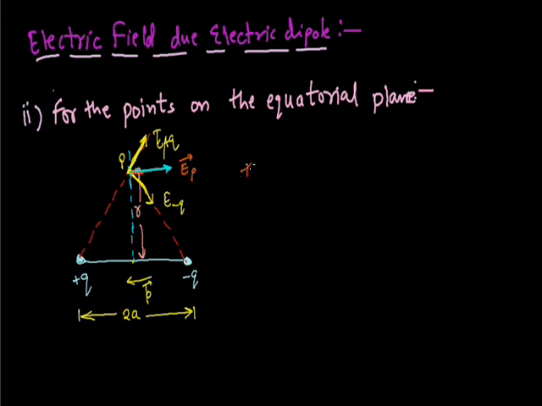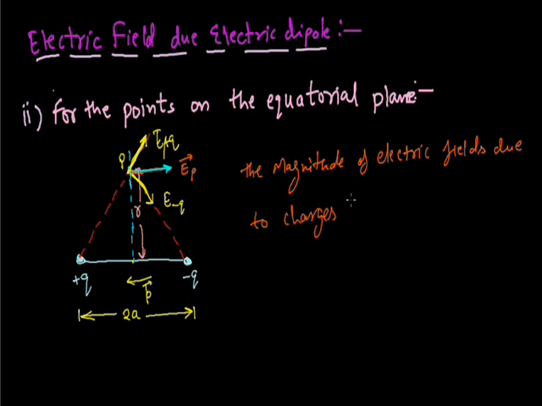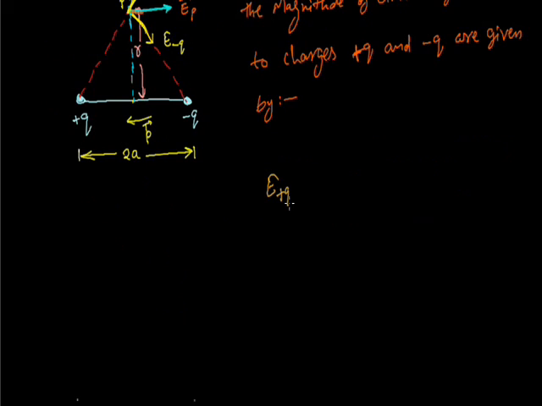So the magnitudes of the electric fields due to charges plus q and minus q are given by E plus q equal to kq upon the square of the distance between point P and the plus q charge.